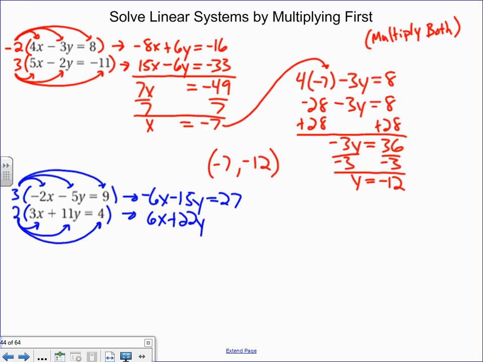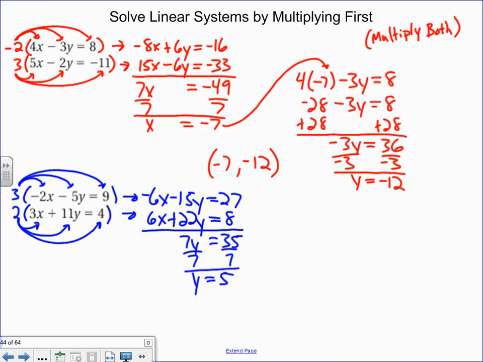And 2 times 4 gives us 8. Now when I add these together, negative 6x plus positive 6x is 0, so they're gone. We're left with 7y equals 35. Divide by 7, and you get y equals 5.